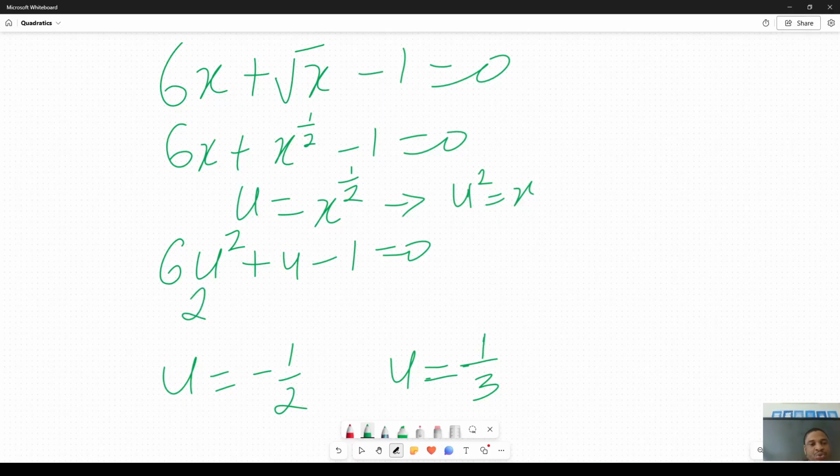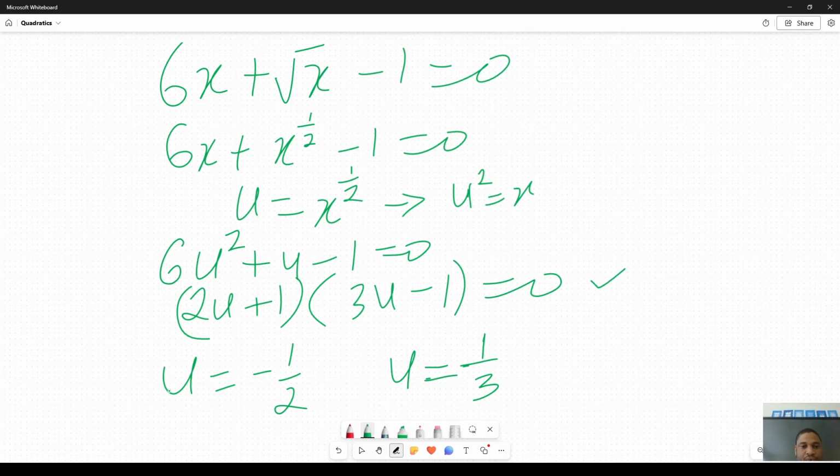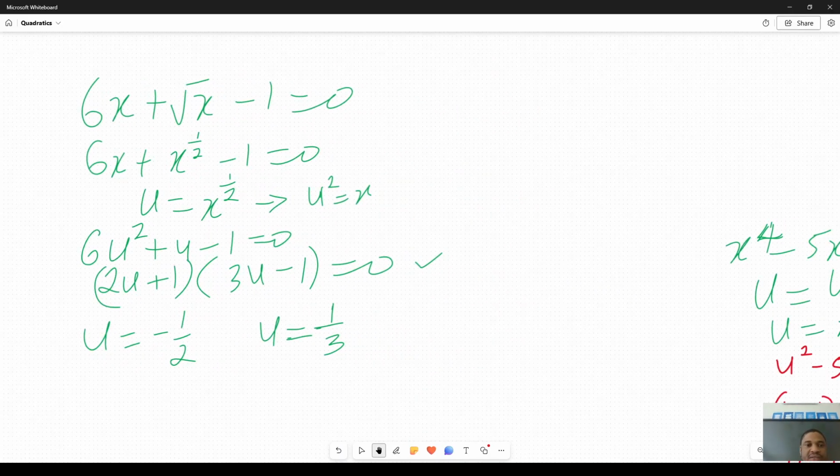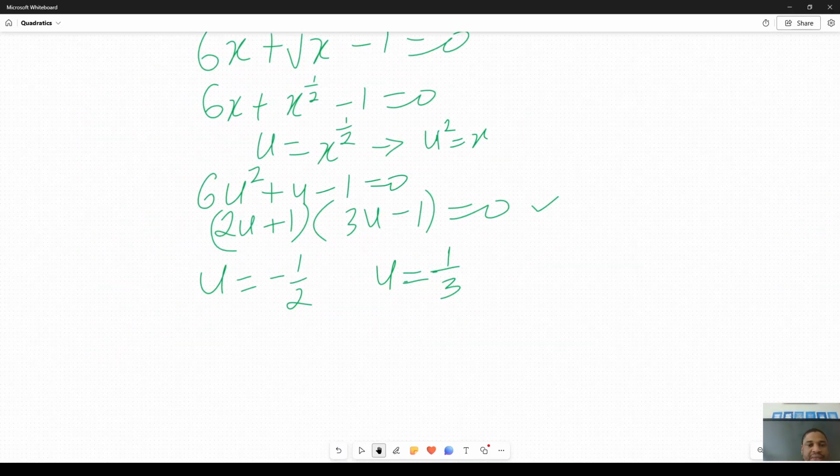So this will be 2u plus 1, 3u minus 1 equals to 0. Cross multiply, move the 1. This is 1 mark in the exam. So done.